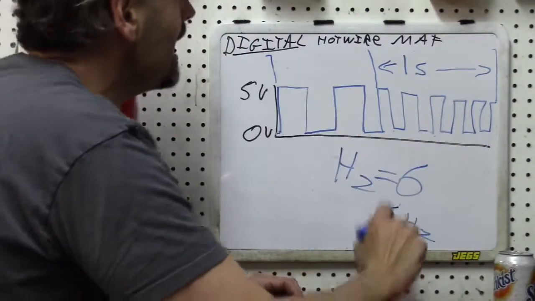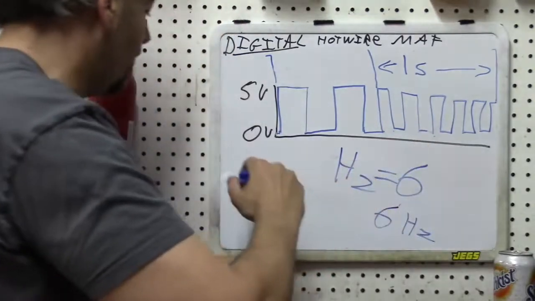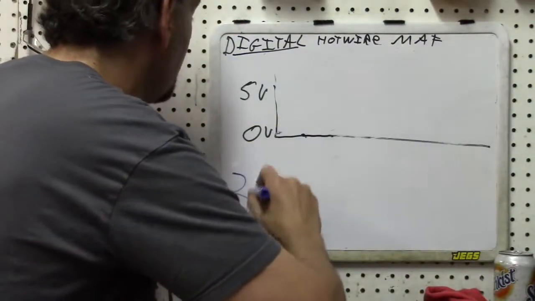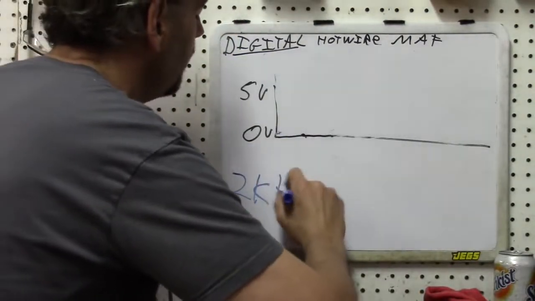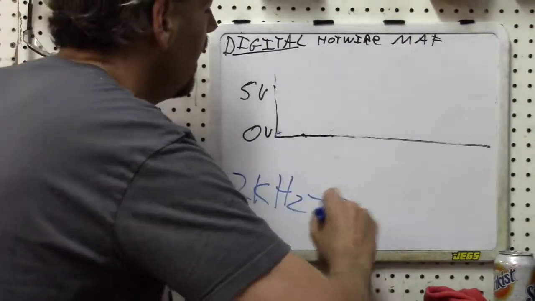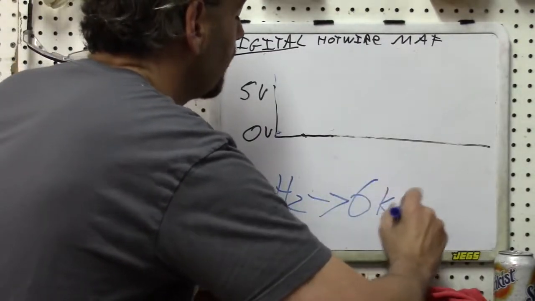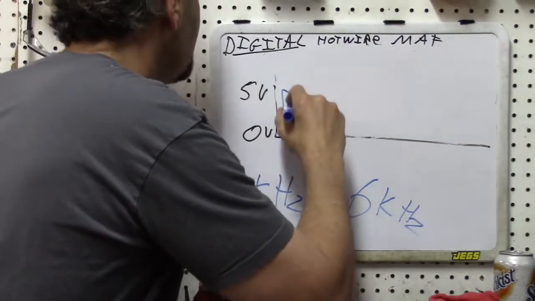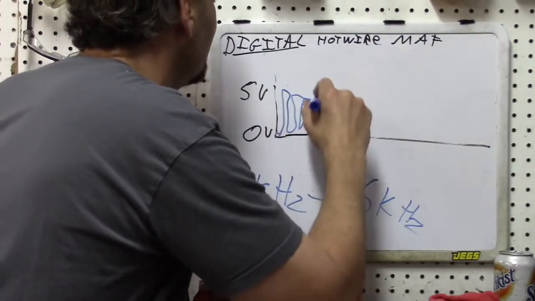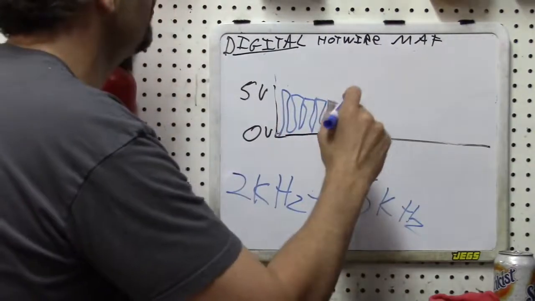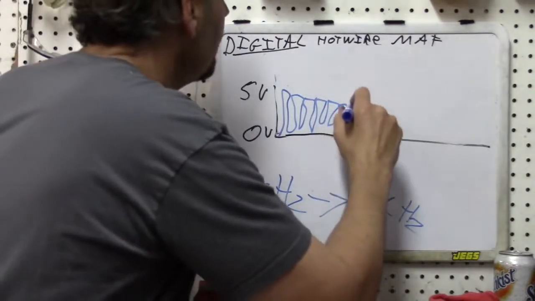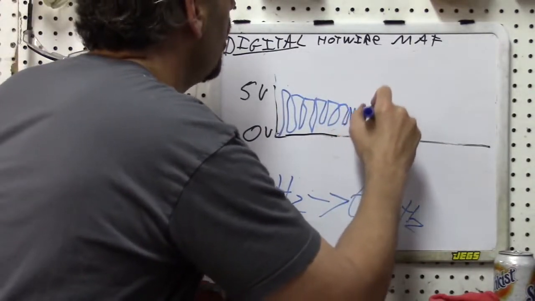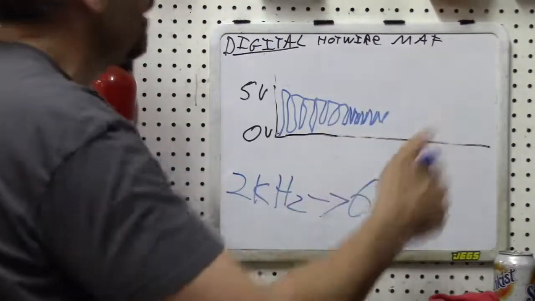Now, in this example, it's 6 hertz. In reality, this change would be more along the lines of, say, 2,000 hertz, increasing to 6,000 hertz. So that's going to be a lot of these waves here, an awful lot very close together, that then when it increases, it's going to look almost just like a bunch of lines.